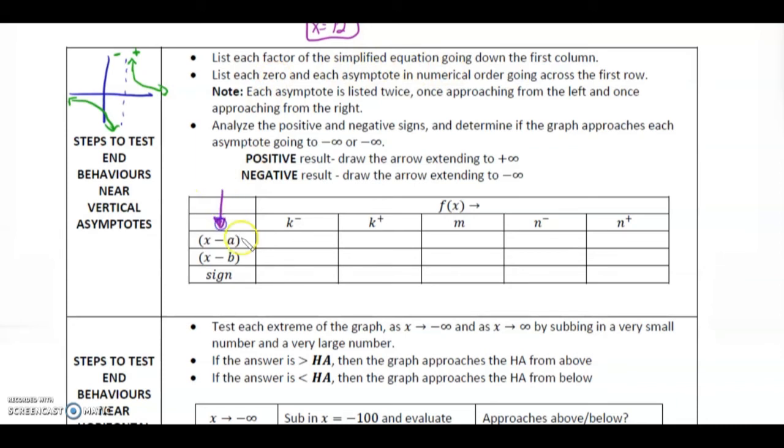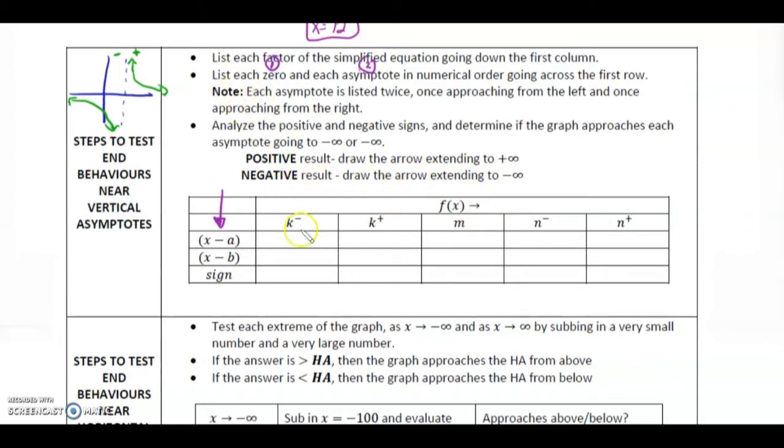So x minus a, x minus b, whatever it is. This is just an example. Then we're going to list each 0 and each asymptote in numerical order. We saw that when we were graphing polynomials, where we want to do it kind of like a number line. So in numerical order.